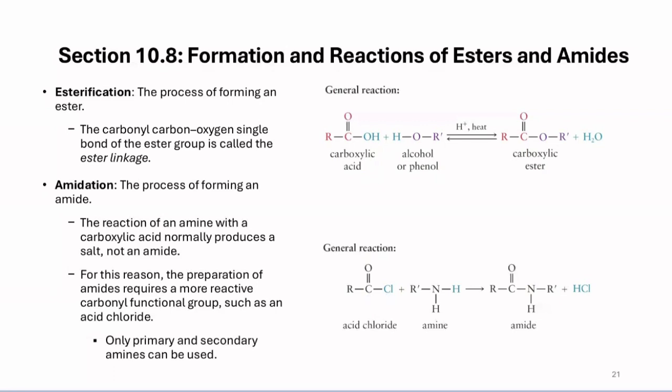When you react this specifically with primary or secondary amines, or even ammonia, which is NH3, that is going to produce an amide. Along with that, we are going to make HCl as a byproduct of the reaction.